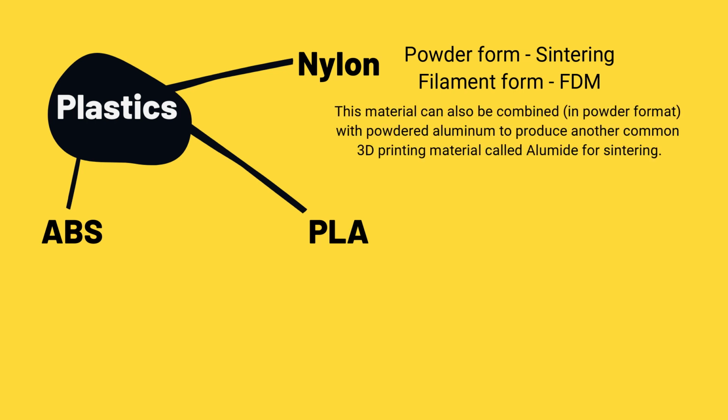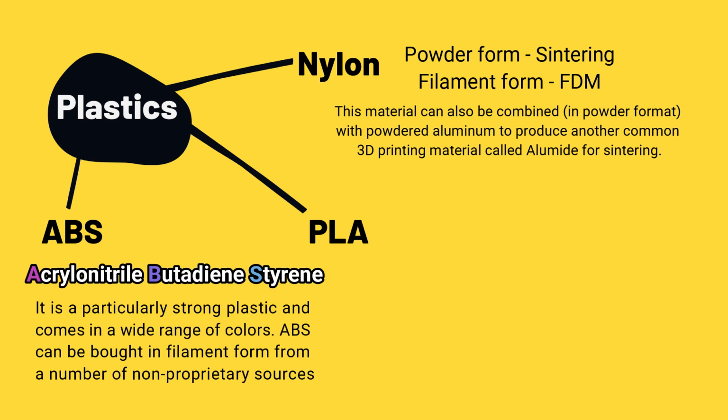This material can also be combined with powdered aluminum to produce yet another common 3D printing material called alumide for sintering purposes. ABS is another common plastic used for 3D printing and is widely used as an entry-level FDM 3D printer filament.